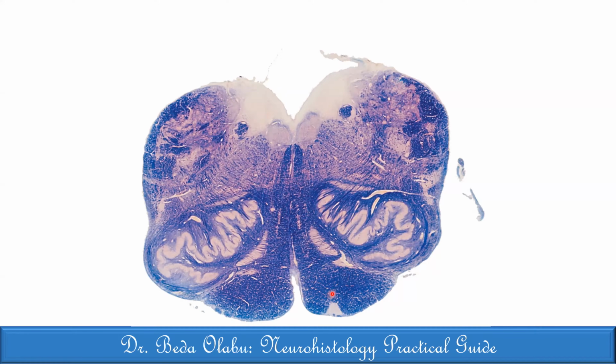Just behind the pyramids are the olives, bilaterally, the large structures. Perhaps between the olive and the pyramid, you can see some fiber roots exiting from a nucleus. I think those are hypoglossal nerves, but the doctor will clarify.